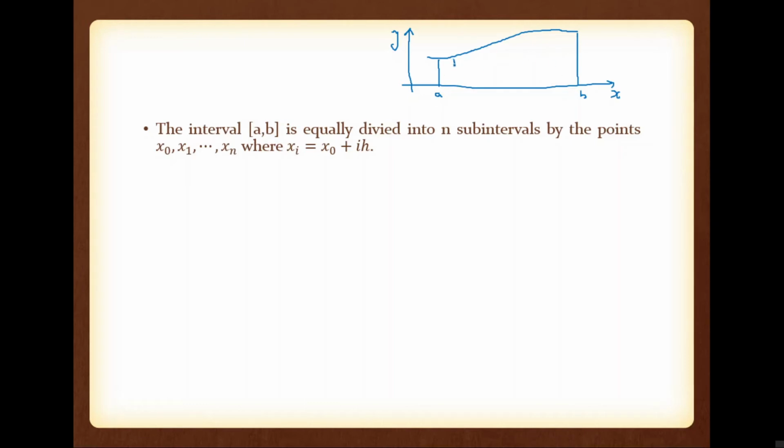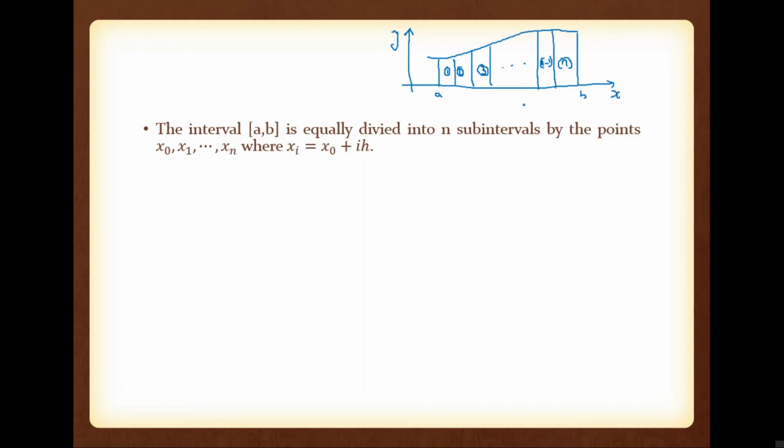This is the first segment, second segment, third segment, etc. This is the n minus 1th segment, and this is the nth segment. So we can mark them as 1, 2, 3, etc., n minus 1, then the last one is n. Means the given interval a to b is divided into n segments.